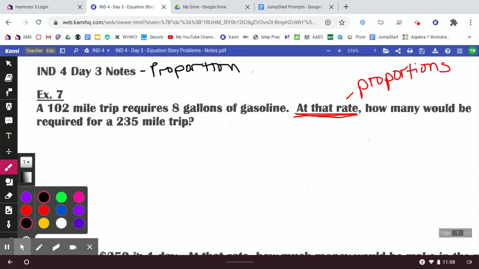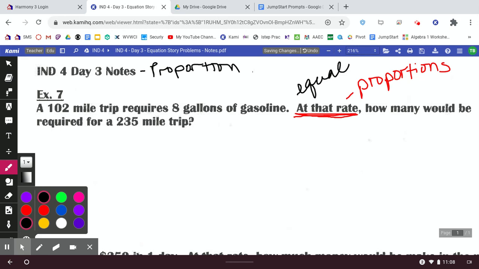So when you know that you're comparing 2 same items, how did we set those up last week? When we wanted to know when 2 things were the same, what did we do? Yeah, set them equal to each other. So at that rate means at that same rate it just talked about. So you're going to think equal sign. And then when you see the word rate, you're going to think proportions.